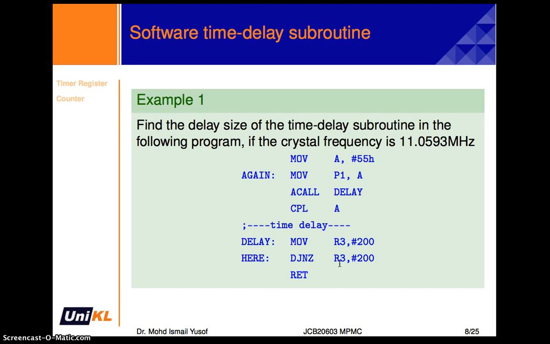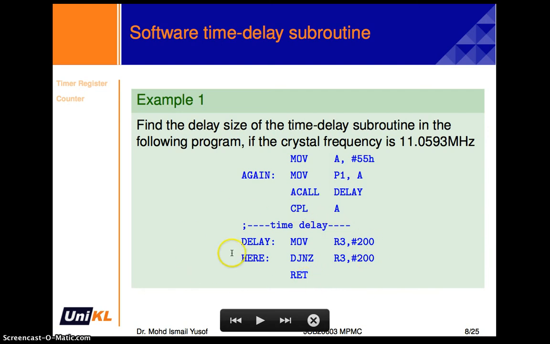If it is not 0, it will decrement by 1 and jump to the label, which is here. However, if it is 0, it will go to the next line, which is return, so it will return to the caller.